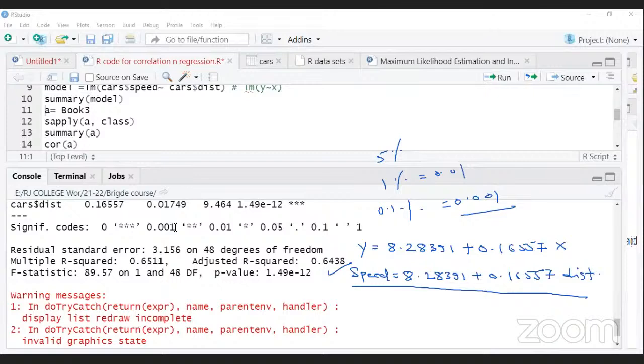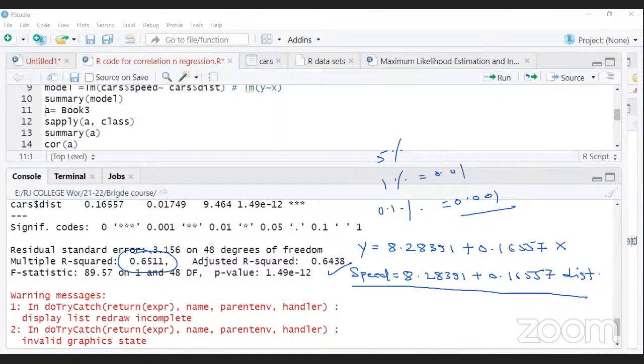If you look at this data, the multiple R-square value tells you how much variation due to the independent variable is explained in the dependent variable.